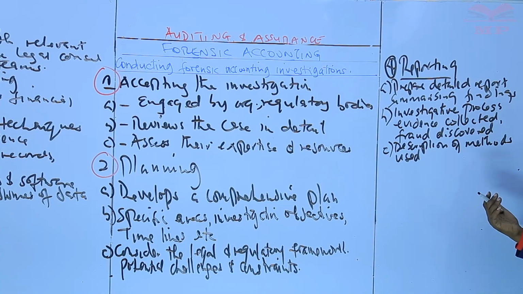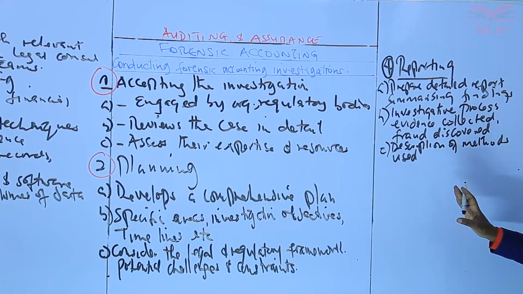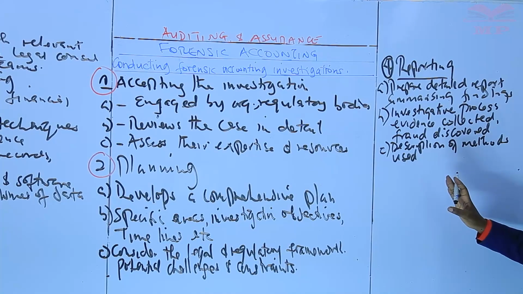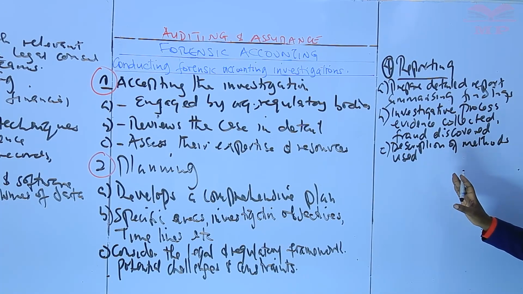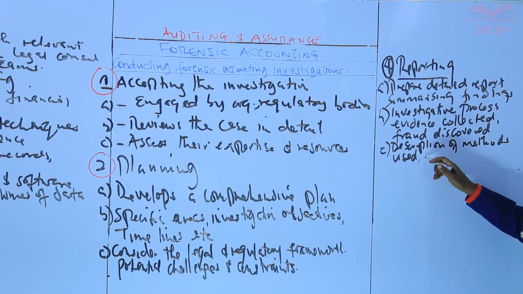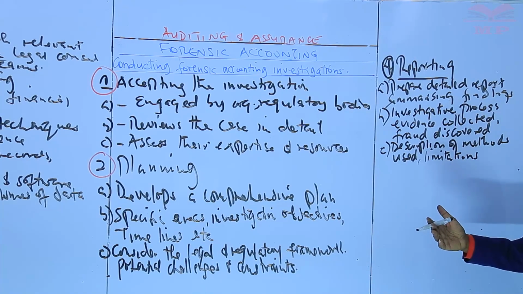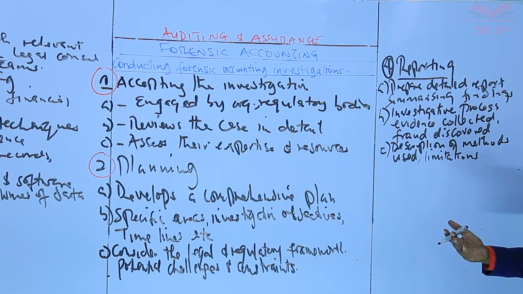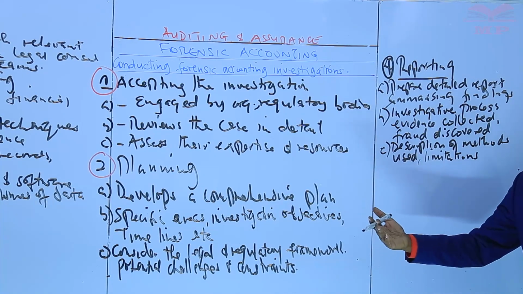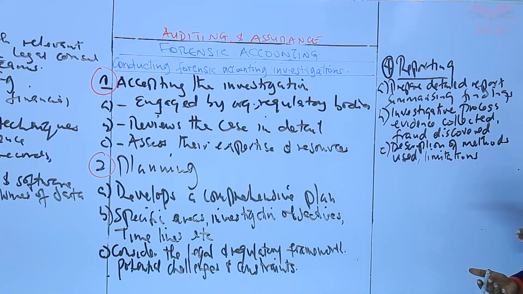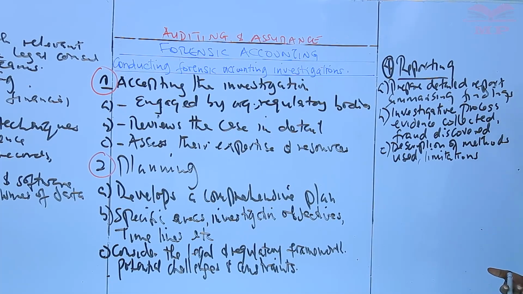That should be part of the report. There should also be a description of any limitations. Did the accountant have any limitations when carrying out the investigation? And it could also include recommendations for remedial action or further steps. Do you understand?